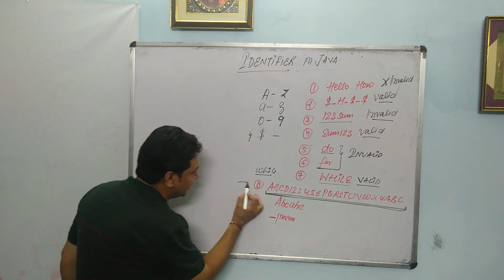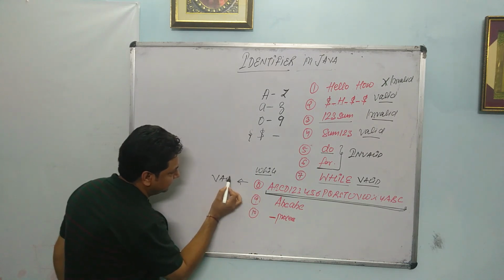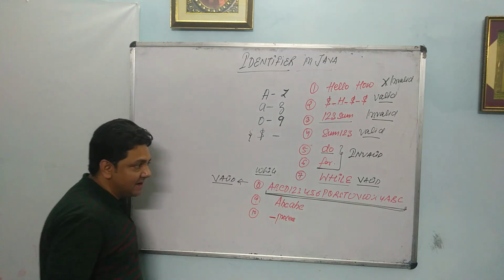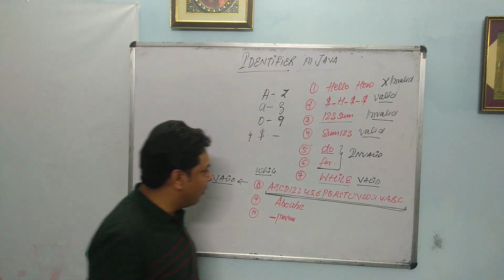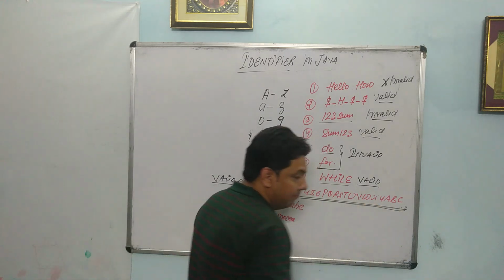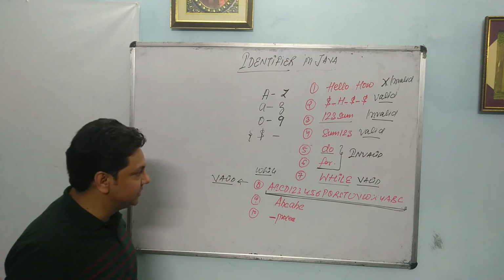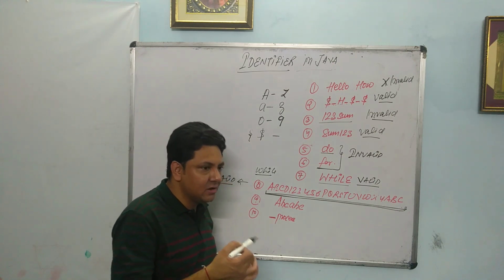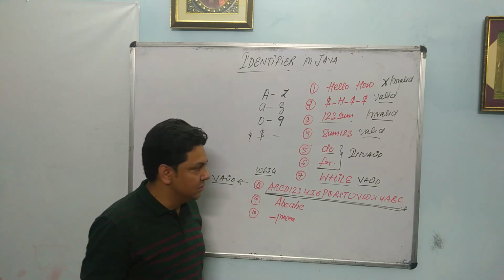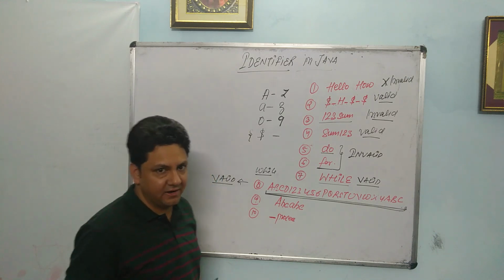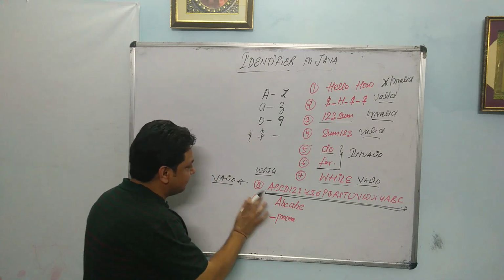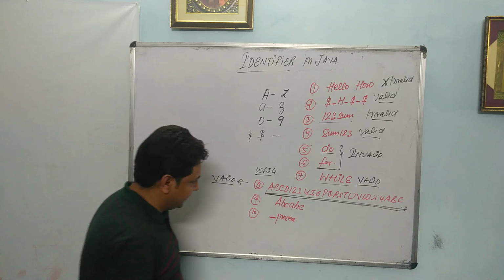So it's absolutely valid. But as better practice, we should avoid long names, because in a program we have to use the identifiers at certain positions, so there might be some chances of error. But it's absolutely valid, no problem.